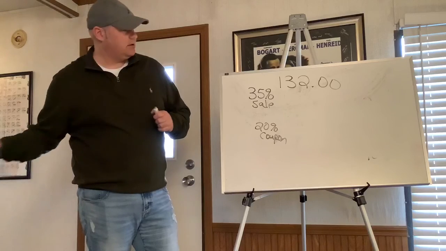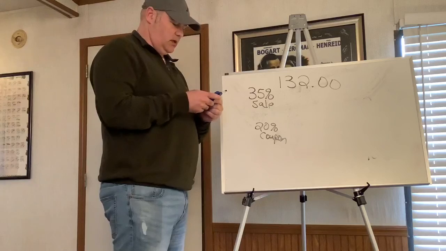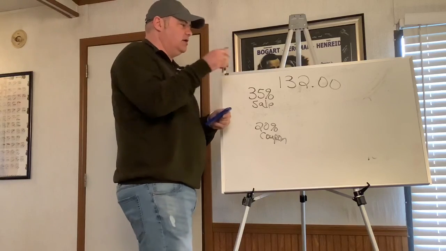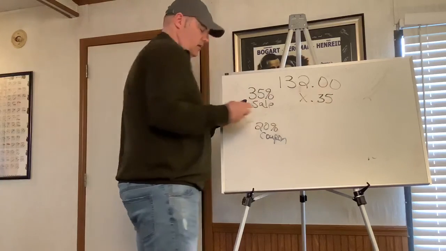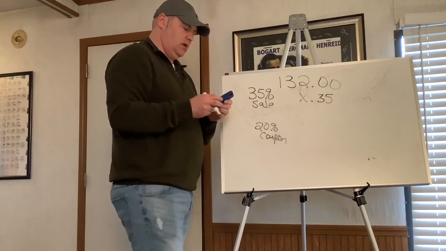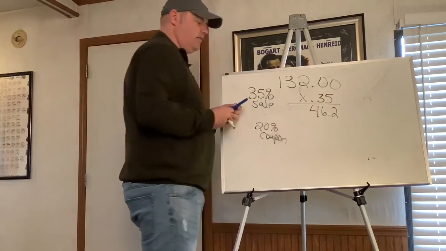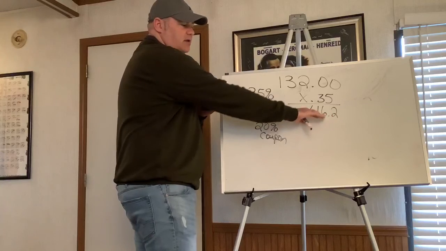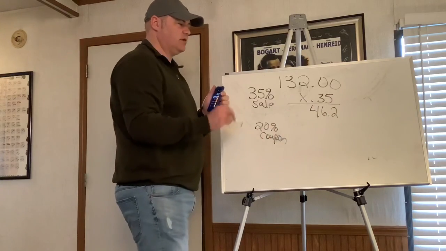And I'm going to use the calculator. Okay, so first off, we're going to take 132 times 0.35. Okay, 132 times 0.35 is 4620. That's what it looks like in your calculator, but that's 46.2. We need a zero for the cents, so it's 46.20.